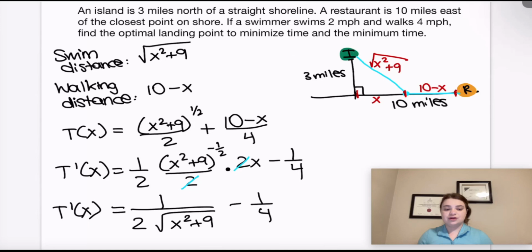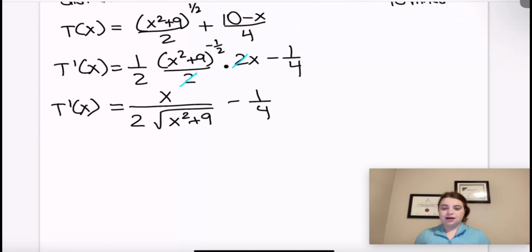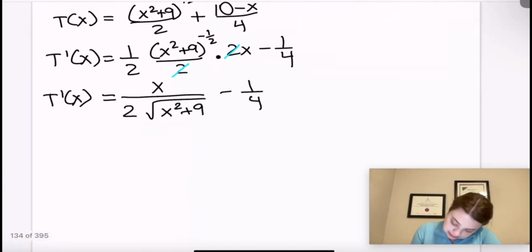Because, reminder, when our derivative is 0, that indicates a minimum or a maximum, or a different optimal value, but in this case, specifically a minimum.